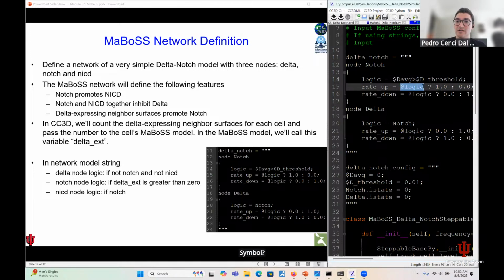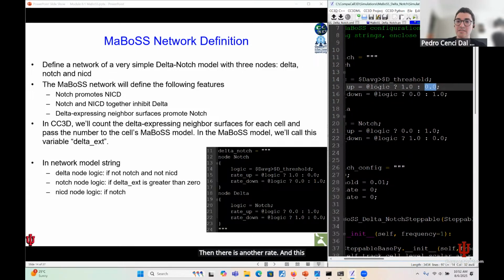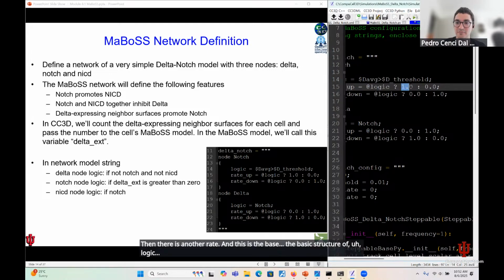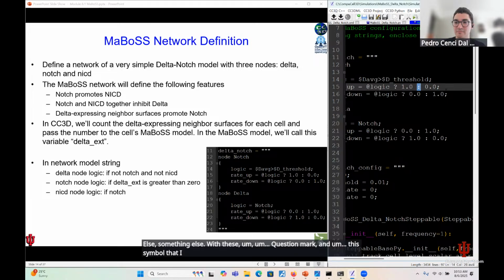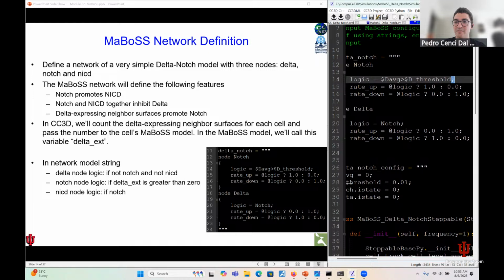So if our logic is true, then there is a certain rate up. If our logic is false, then there is another rate. And this is the basic structure of logic: if something, else something else, with this question mark and this symbol that I forgot the name of. Semicolon. Okay, thank you.